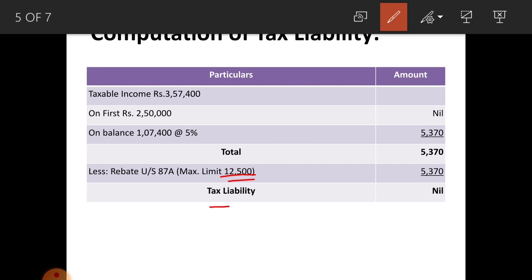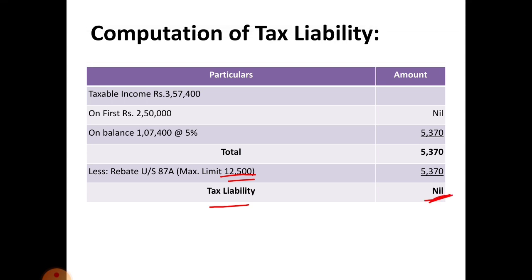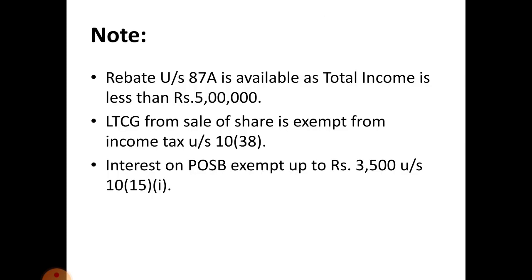His tax liability becomes nil at that time. So no need to pay any tax because of the applicability of the rebate. This is the problem relating to Mr. Prakash. See the notes. Rebate under section 87A is available as total income is less than 5 lakhs.